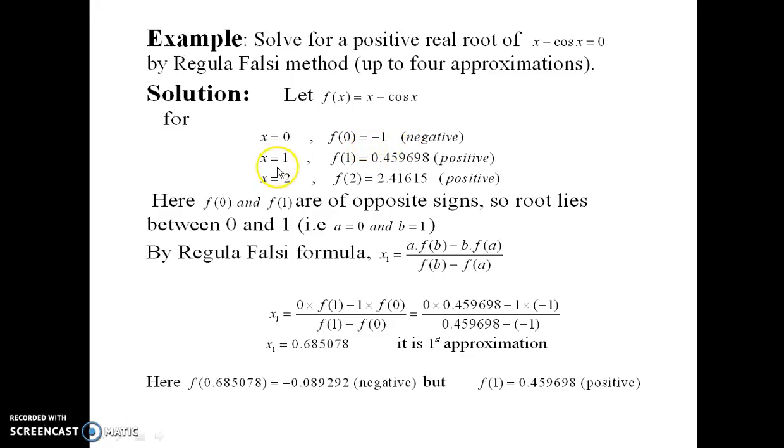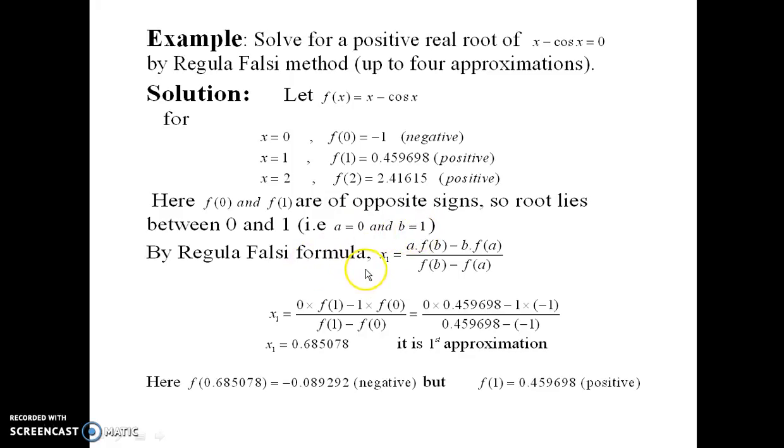The next value, x equal to 1, gives f of 1 equal to plus 0.4596, positive. For x equal to 2, f of 2 increases positively. So the signs of f of 0 and f of 1 are opposite, so the root lies between 0 and 1. We get at least one root between 0 and 1. Here a is 0 and b equal to 1.